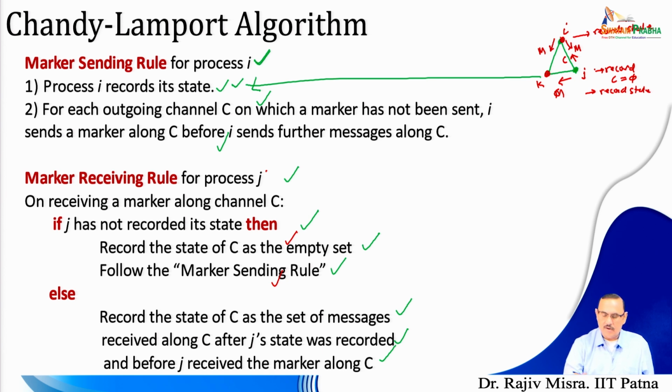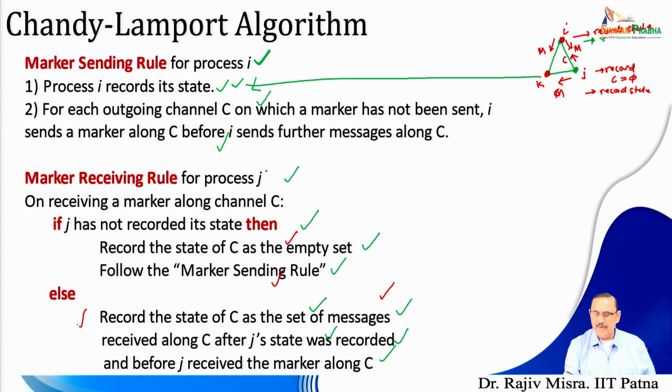On receiving the marker along the channel C, if J has not recorded its state... since J has recorded, it will follow the else part. So, record the state of C as the set of messages received along C after J's state was recorded. After J's state was recorded, it has not received any message, and before J received this particular marker message.